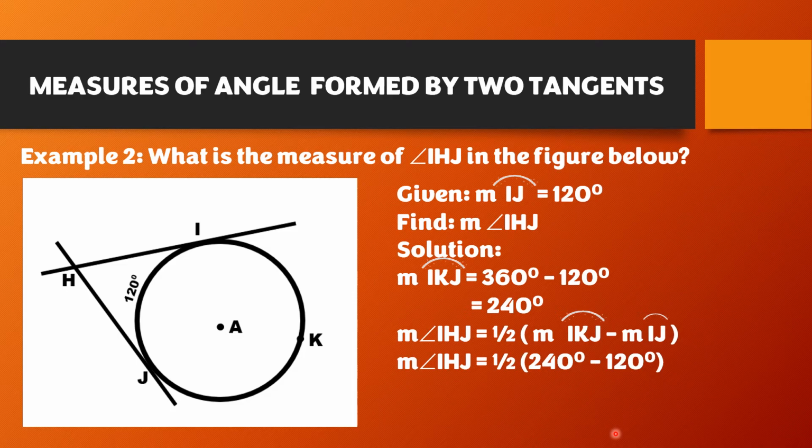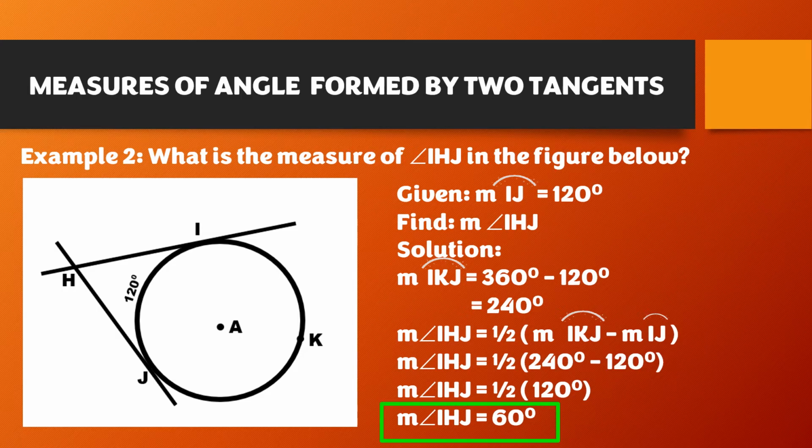Simplify, 240 degrees minus 120 degrees is equal to 120 degrees. Then get half of 120 degrees, so the answer is 60 degrees. Therefore, the measure of angle IHJ is equal to 60 degrees.